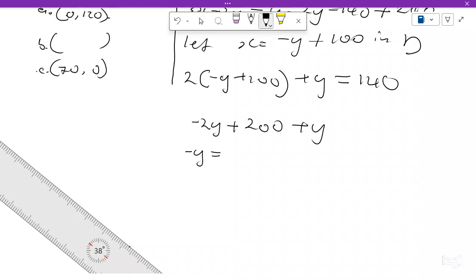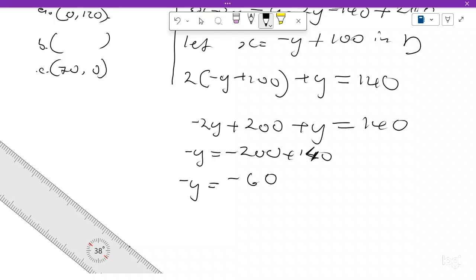Okay, let's transpose first. So this is equals to 140. Apologies for skipping some steps. Then negative 200 plus 140 is equals to negative 60.